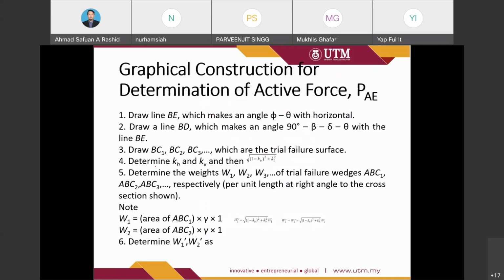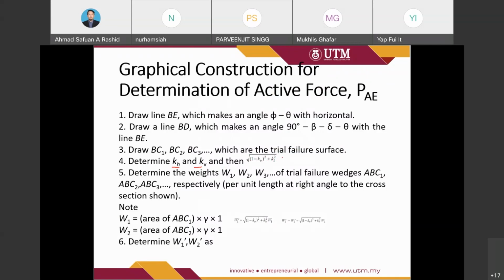So determine the KH and KV, and this will be provided. Then the square root of 1 minus KV square plus KH square.